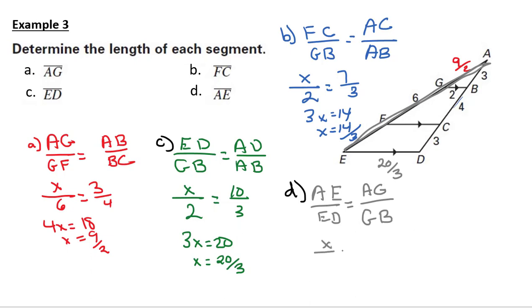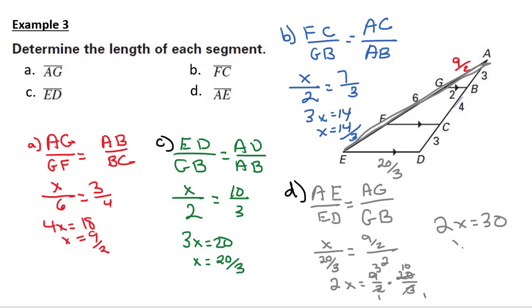So AE is what I'm looking for. ED is 20 over 3. AG is 9/2. GB is 2. So 2x equals 9/2 times 20 over 3. That can cancel to a 1 and a 10, and that can cancel to a 1 and a 3. So I really have 2x equals 30. X is equal to 15.